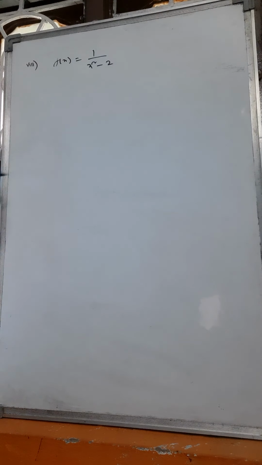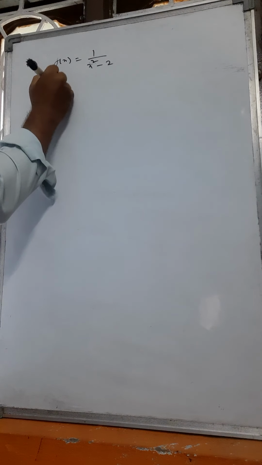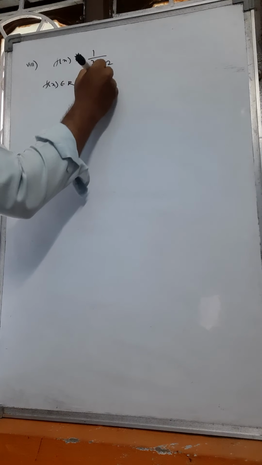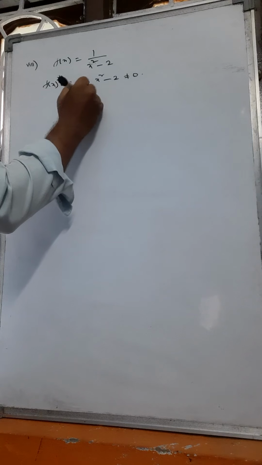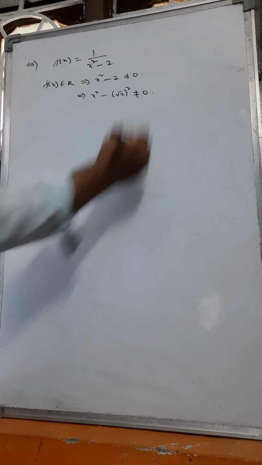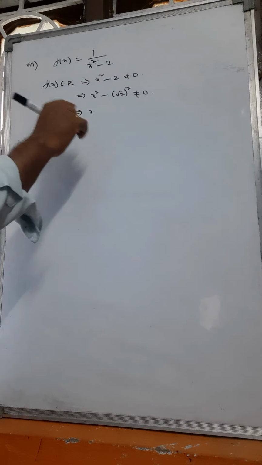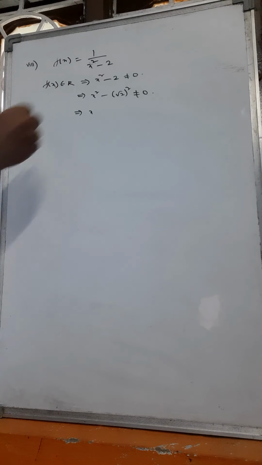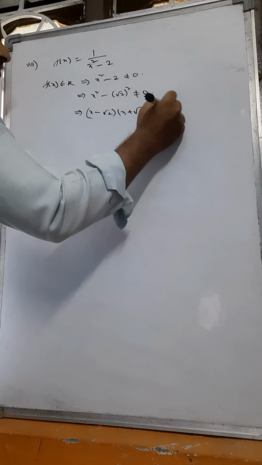Next problem, f of x equal to 1 by x square minus 2. So for f of x to belong to R, x square minus 2 is not equal to 0. This can be written as x square minus root 2 whole square is not equal to 0. So that can be written as (x minus root 2) into (x plus root 2) is not equal to 0.